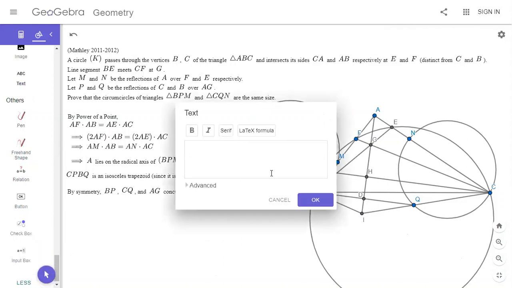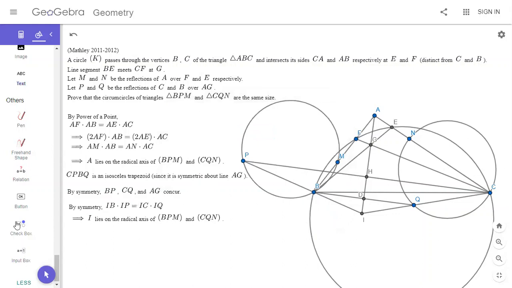And so AI is the radical axis of those two circles.